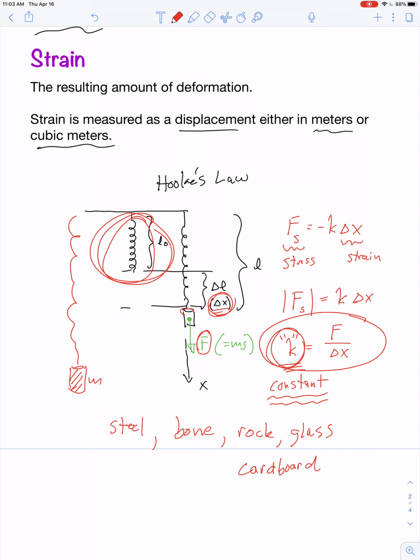So we recognize the springiness of a spring. We don't recognize the springiness of steel or bone or rock or glass. But they all have a springiness to them, just meaning that they have some sort of a relationship between force and displacement, or between stress and strain.